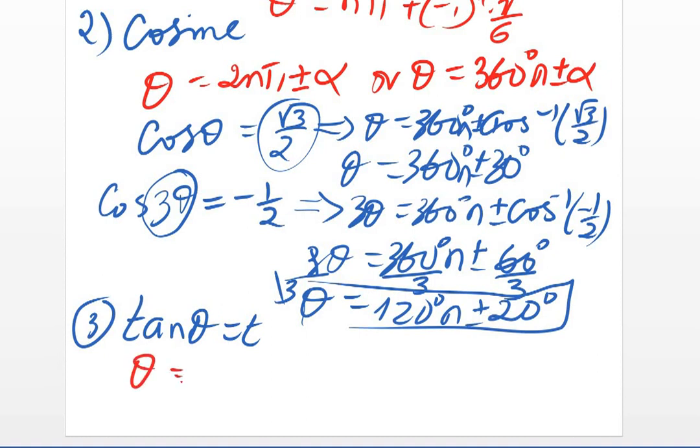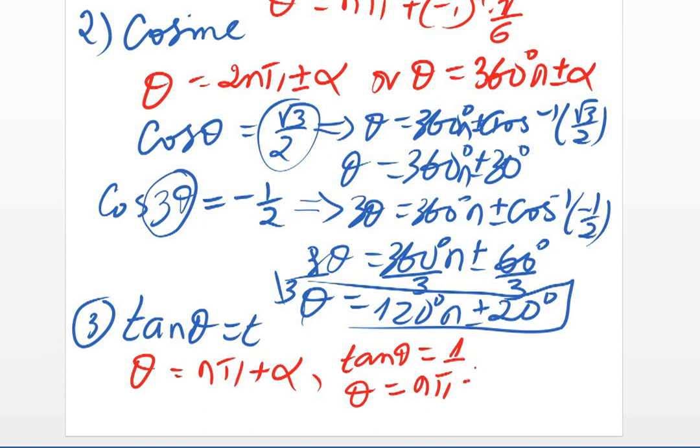Theta will simply be n pi plus alpha, alpha being the principal angle. So if you are asked, for example, to obtain the general solution for tan theta is equal to 1, it will simply be n pi plus tan inverse of 1, okay, which will give us pi over 4. That will be the general solution.